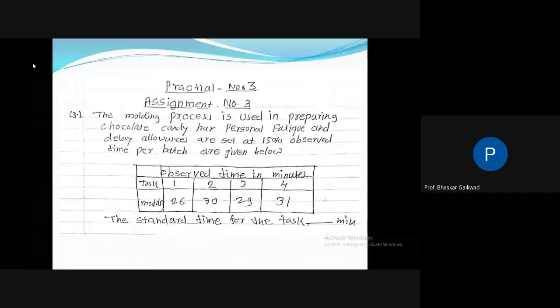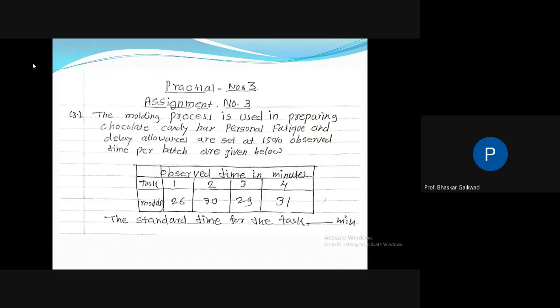As per the requirements from your examination point of view, maybe university exams or GATE exams, I have selected some questions, and those questions I have already given to you. Even though some critical problems are there, these critical problems I have given in your assignment number 3.